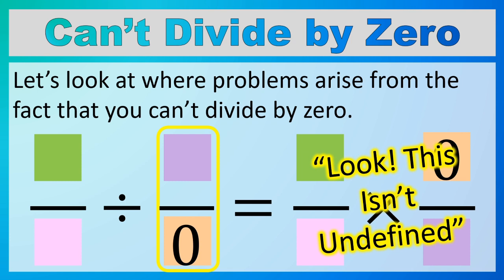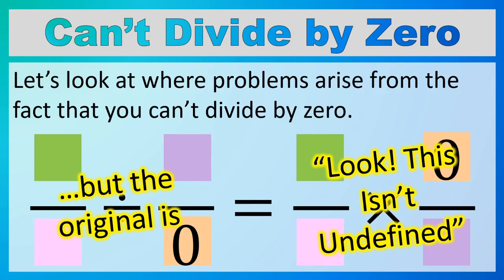And you cannot divide by 0. And therefore we find out that the original is undefined. This shows that the only problem you may come across with keep, change, and flip is when you're dividing by 0. So you have to be careful about dividing by 0 when the pink is 0, when the purple is 0, or when the orange is 0.